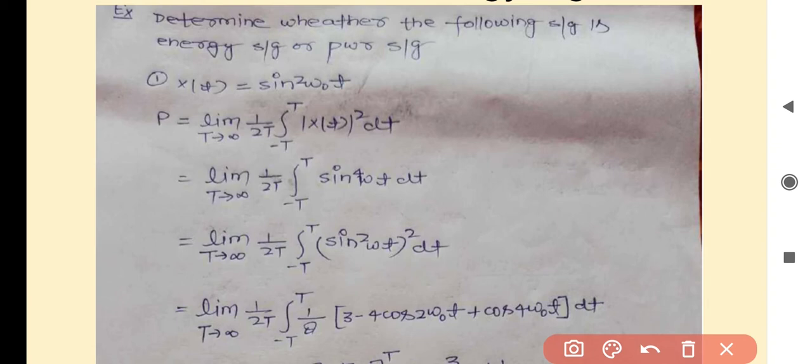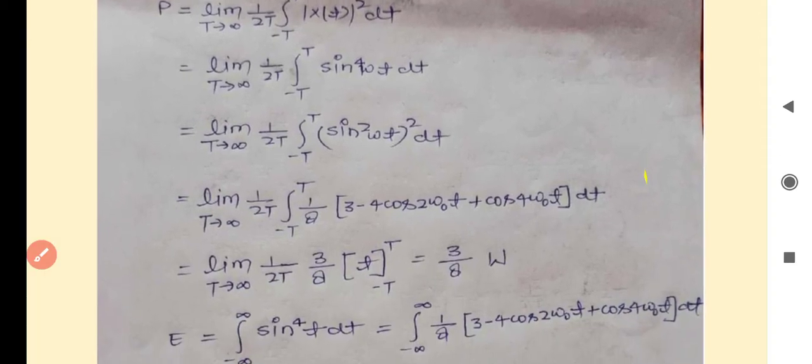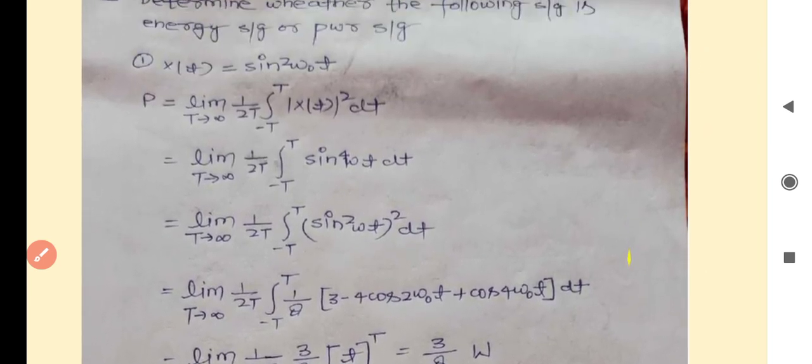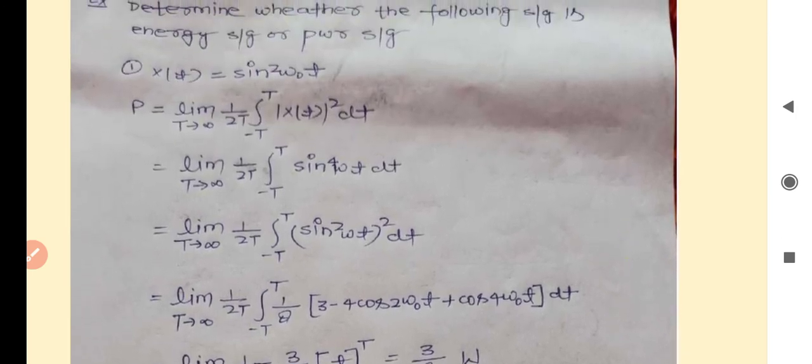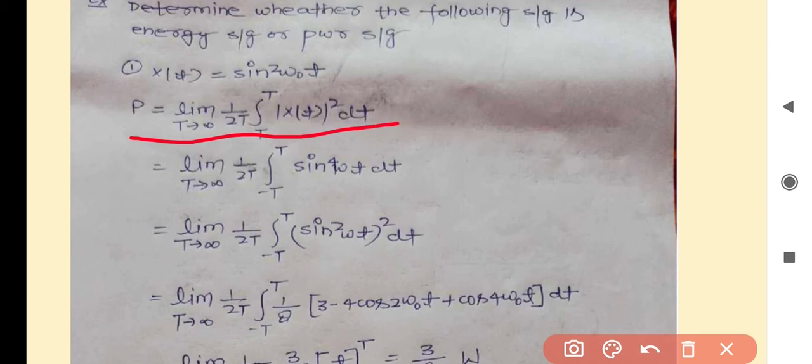As discussed in the previous case, the formula of the power is P equals limit T tends to infinite, 1 by 2T, integration from minus T to T of mod of x(t) square dt. Here sin square is given, so I have to square this signal.